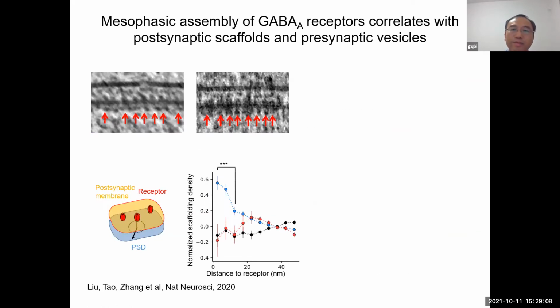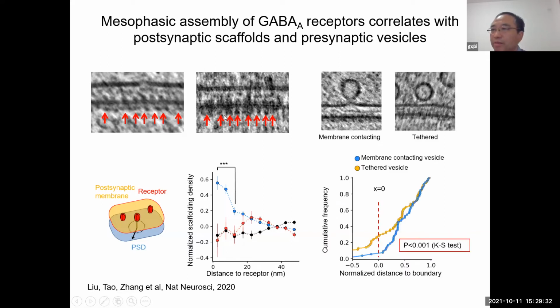Later on, we also tried to link this with the scaffolds, and we can see that very often each receptor has a very clear postsynaptic scaffolding-like molecule beneath it. On the presynaptic side, there are also vesicles that can be in this membrane-contacting mode or in this tethered mode.